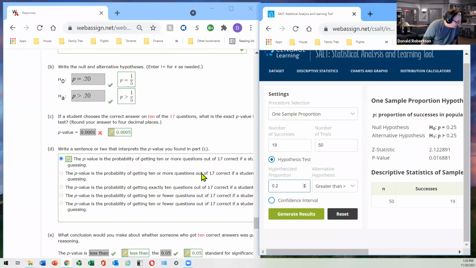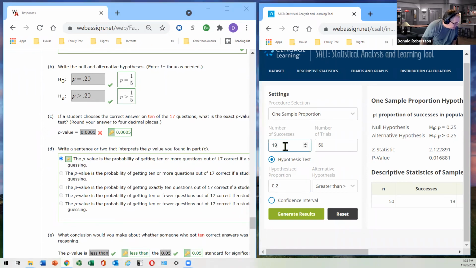Okay, now let's get your other one and check that you did it correctly. In the other story, yeah, 0.2, bigger than, great. It was 19 out of 50, let's check. Make sure I'm using the correct numbers. It was 10 out of 17. Okay, I'm glad I checked. 10 out of 17.